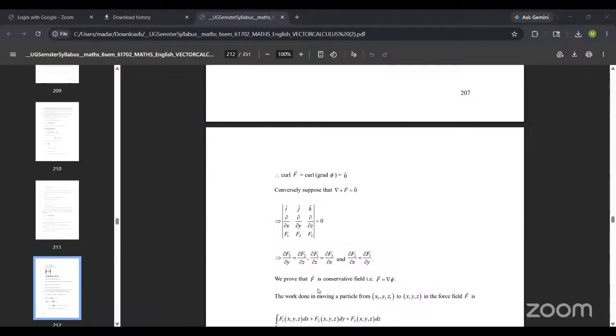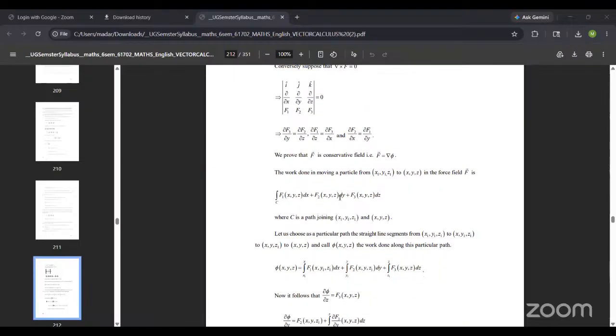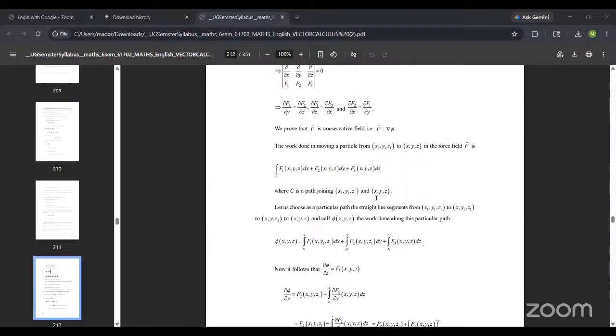So now we prove that if F is a conservative field, then F bar equal to grad phi. The work done in moving a particle from x1, y1, z1 to x, y, z in the force field F bar is the integral of F1 (x, y, z) dx, F2 dy, F3 dz, where C is the path joining x1, y1, z1 and x, y, z.